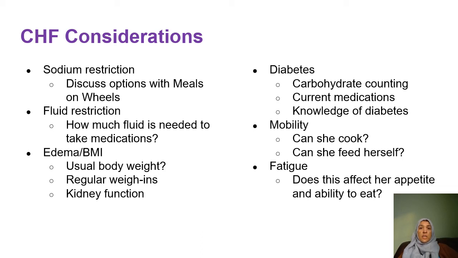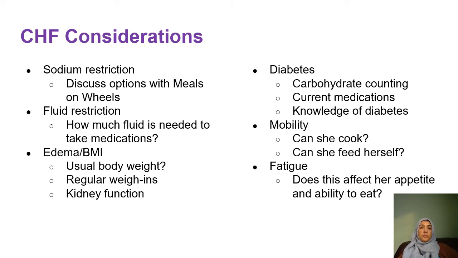So there's excess fluid in her body, so her BMI is not a true representation of her weight. This patient also has type 2 diabetes, so she will need to be on a carb-controlled diet with 50% carb intake, and it should be distributed consistently throughout the day to maintain blood glucose levels. She can benefit from a high fiber diet as it lowers the absorption rate of glucose and keeps a more consistent blood glucose level throughout the day.